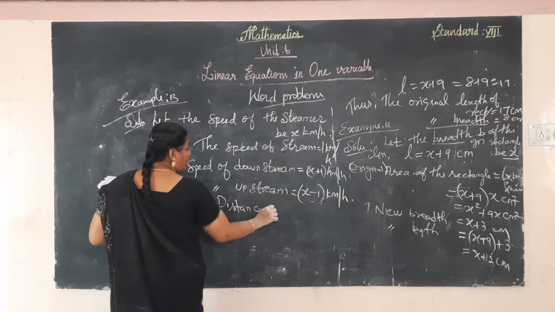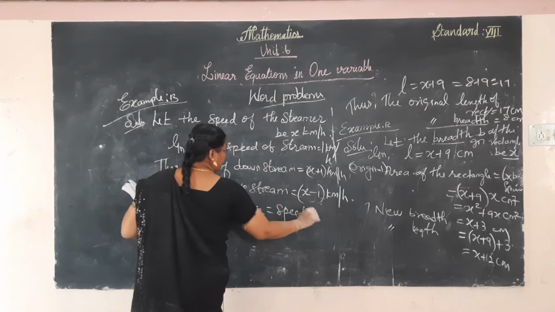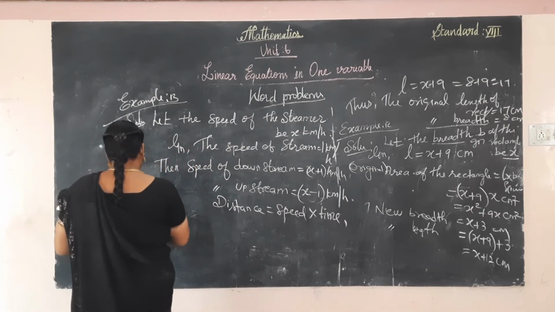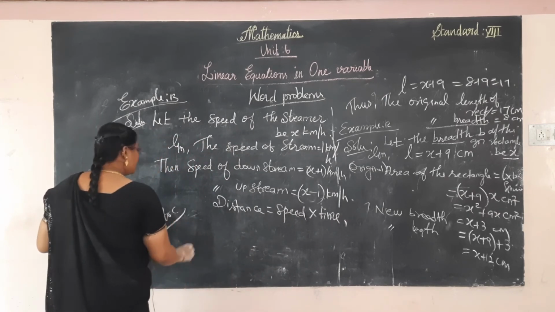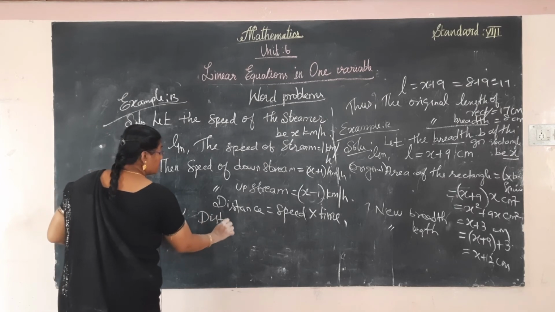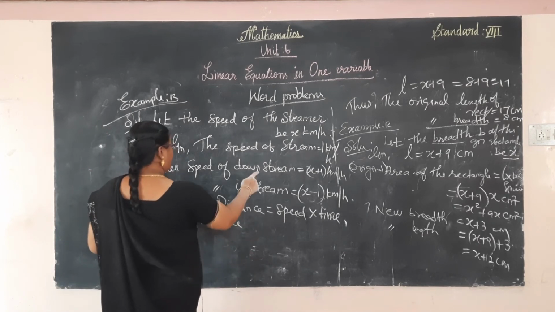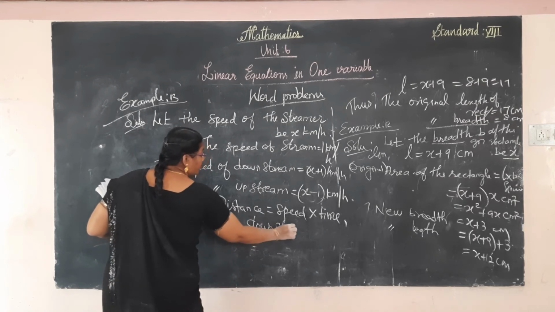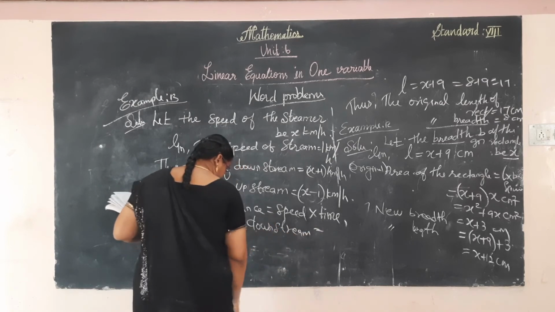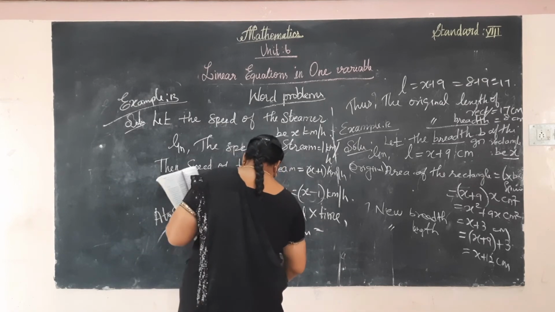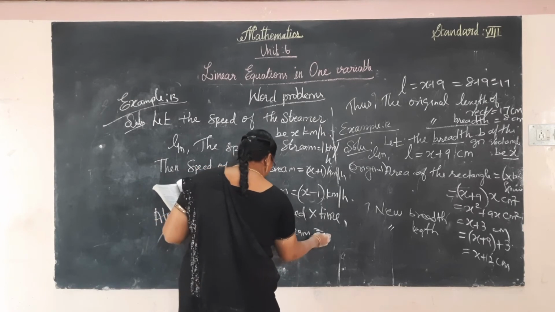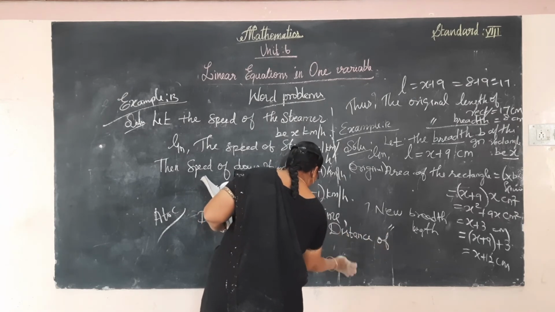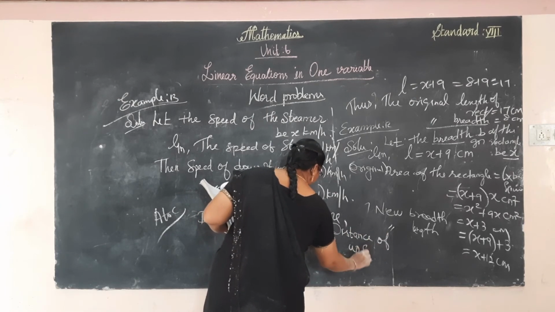What is the formula? Distance is equal to speed into time. So according to the condition, the distance of downstream equals the distance of upstream.